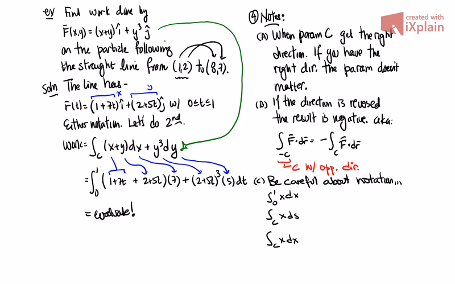The first one of these is a regular Calc 1 integral. The second one, because of the d little s, is the line integral of a function. This is 15.2a. This, because of the weird combination, is nothing more than the line integral of a vector field.